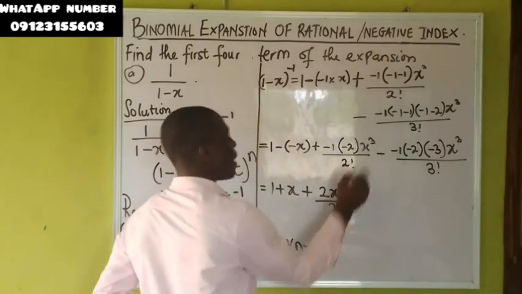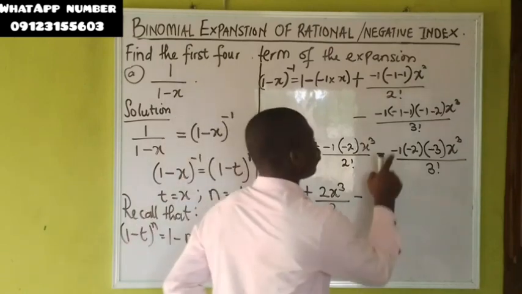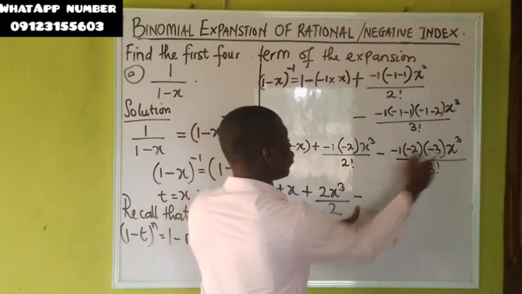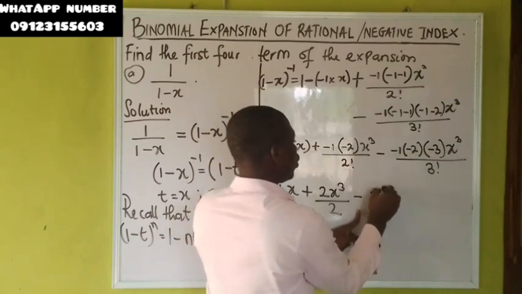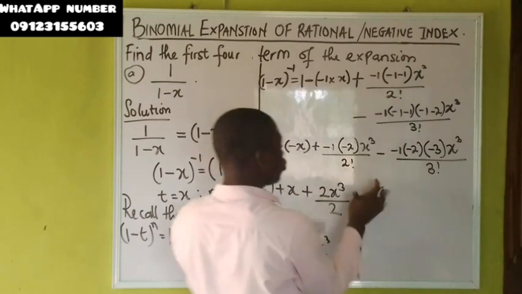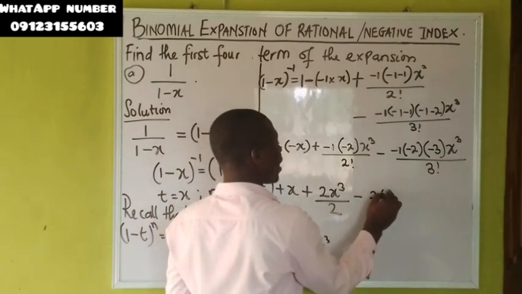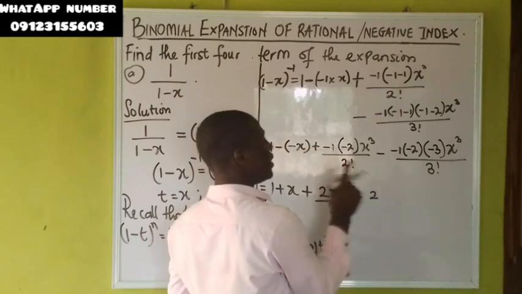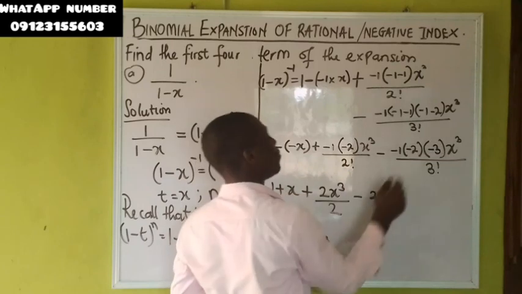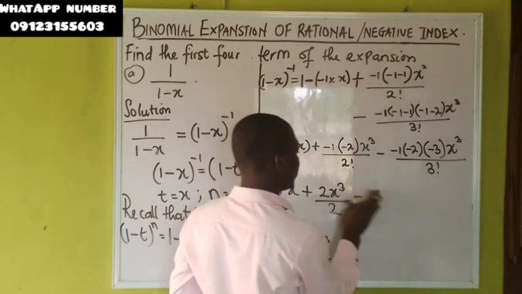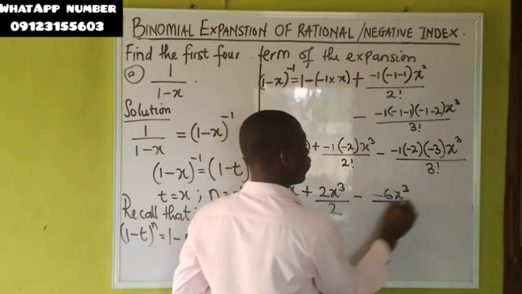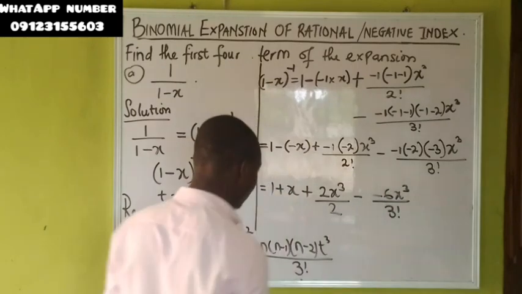Next up, I have minus. So minus 1 times minus 2 becomes 2, into minus 3. Minus 1 times 2 becomes 2, so 2 times minus 3 becomes minus 6, minus 6 x cubed over 3 factorial.